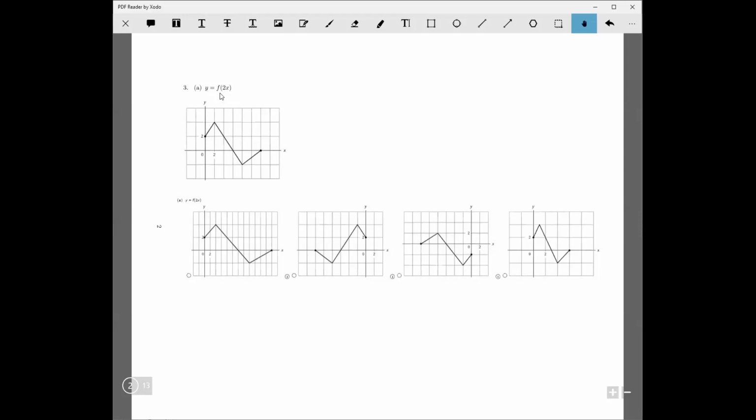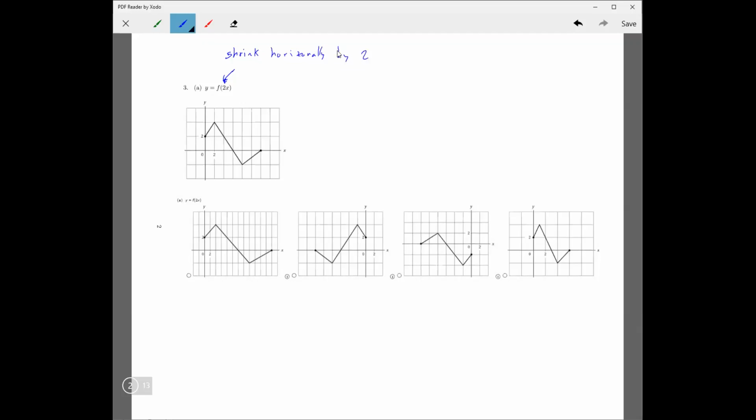So what does the 2 here do? It's inside, so that means it's horizontal and it's opposite, so it's going to shrink it horizontally by a factor of 2.